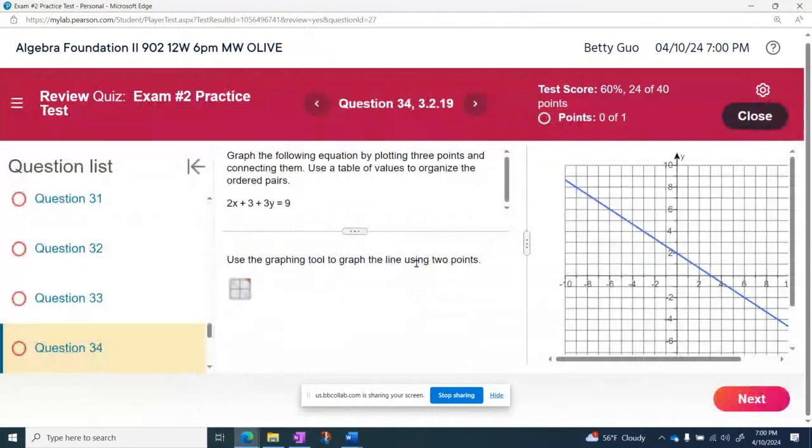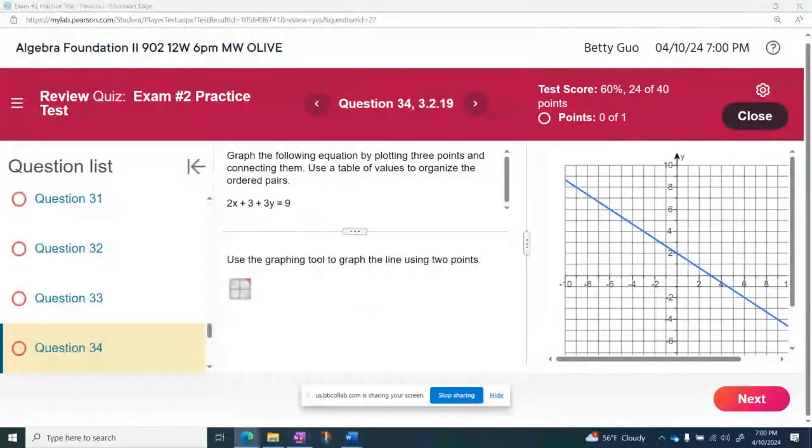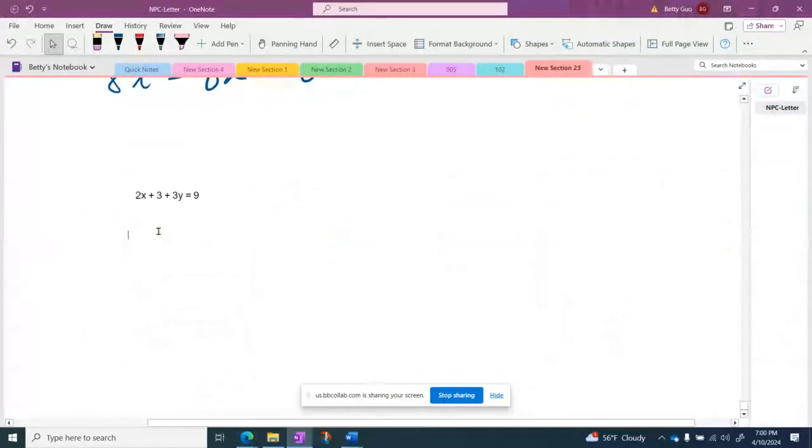Graph the following equation by plotting 3 points and connecting them. Use a table of values to organize the ordered pairs. So basically, we're graphing the line, right? We don't have to use what the instruction says, 3 points. We can use whatever we feel comfortable with, right?